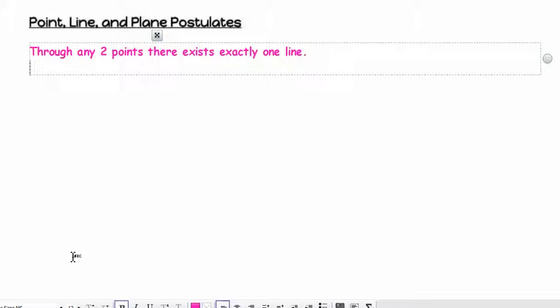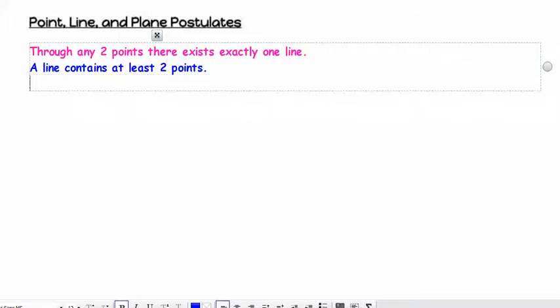So our first one: through any 2 points, there exists exactly one line. So that's one of them. The second: a line contains at least 2 points. Now from algebra, you know that a line contains infinitely many points.